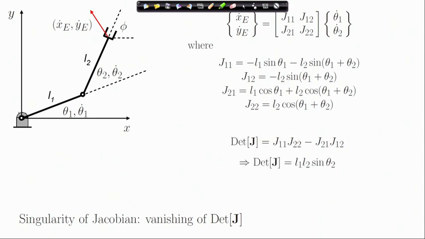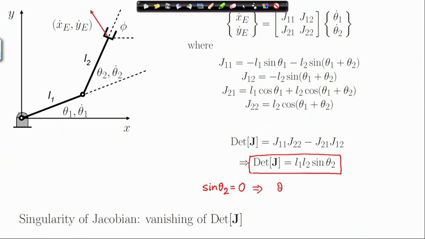Now, if you take the determinant of this Jacobian for the 2R manipulator, we have this as the determinant. Now, at which point will this determinant vanish? When sin theta 2 is 0, because L1 and L2 cannot be 0.